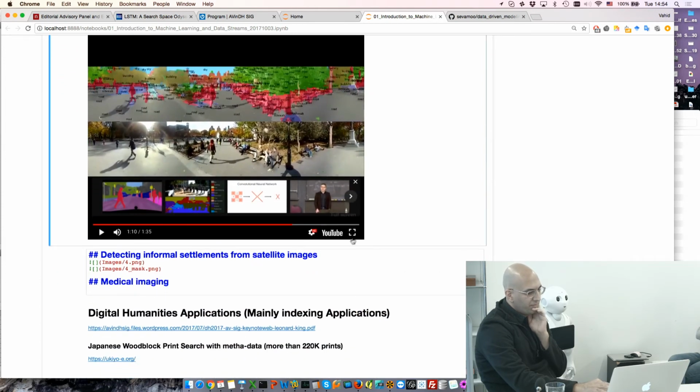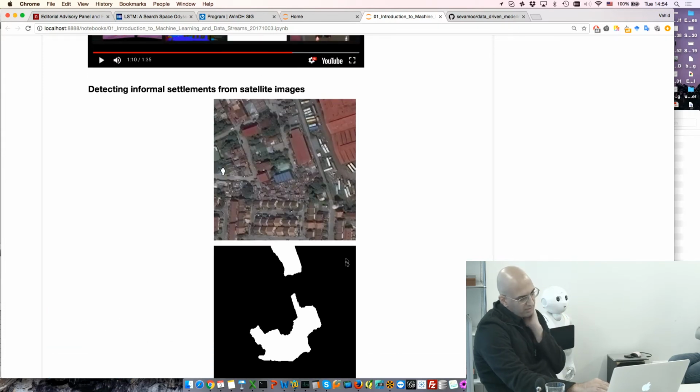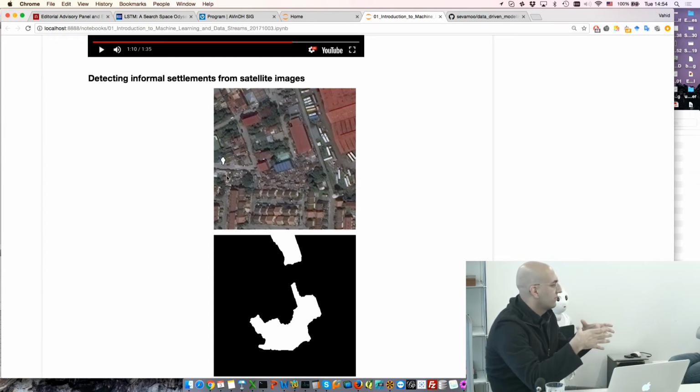And for example, I'm using this problem in a collaboration with DLR, the German Aerospace Center, but I just started last week and it doesn't work because of, I think, the resolution of the pictures. But here we have a lot of image tiles of certain areas in this world, and then we want to detect where the informal settlements are.